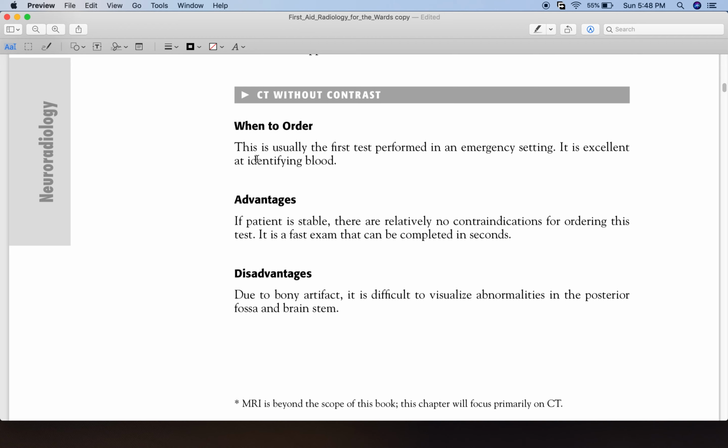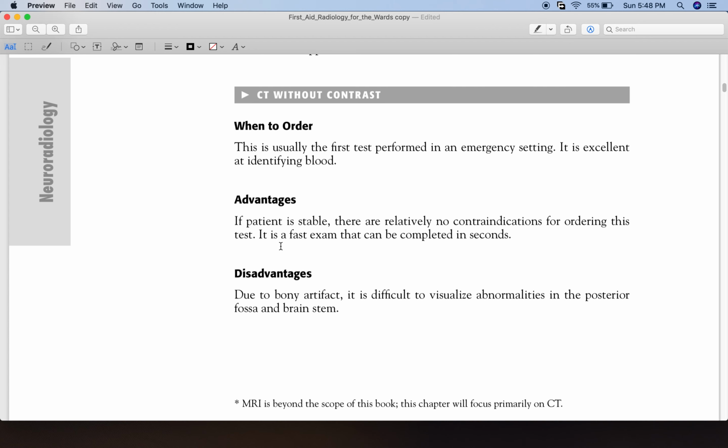Okay, CT without contrast. When do we order it? This is usually the first test performed in an emergency setting. It's excellent at identifying blood because the blood will look white. The advantages: if the patient is stable, there are relatively no contraindications for ordering this test.